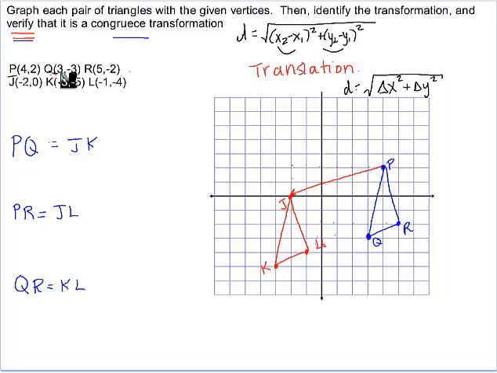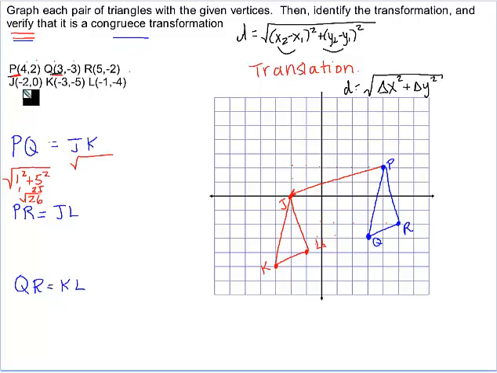So from P to Q, here's P, here's Q. Our x's change from 4 to 3, they change 1, so it's 1 squared, plus our y's change from 2 to negative 3, 5, so 5 squared. 1 squared is 1, 5 squared is 25, 1 plus 25 is 26, so PQ is the square root of 26.